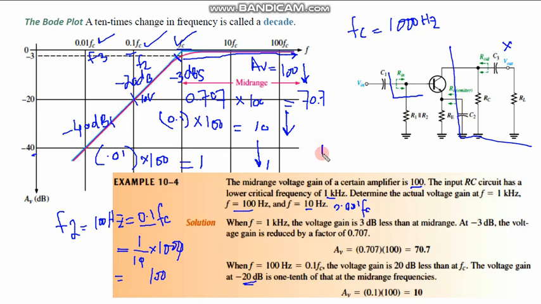The voltage gain was decreased to just 1, because when the frequency is reduced it affects the voltage gain, and AV reduces by a certain factor to 1.